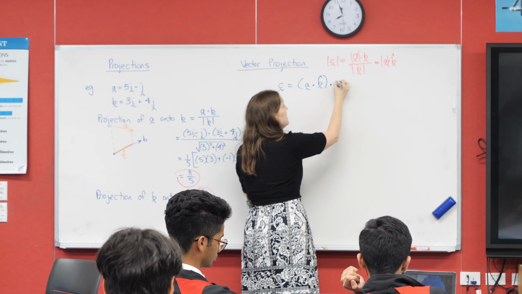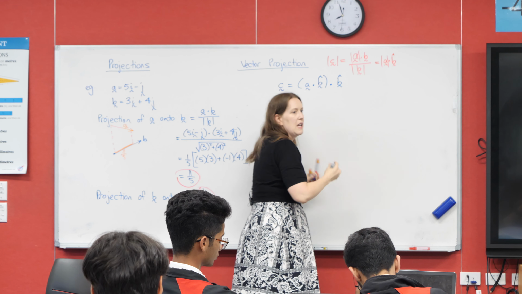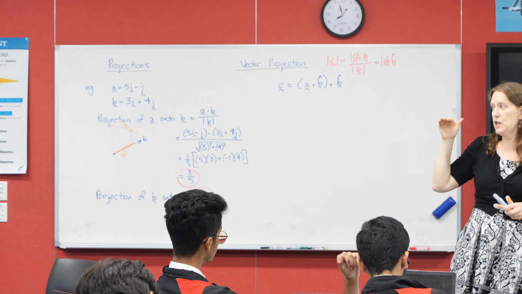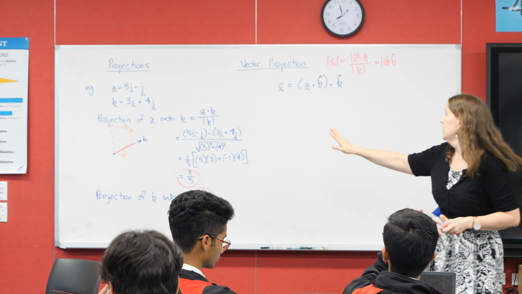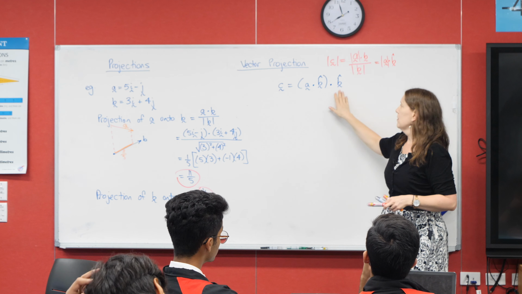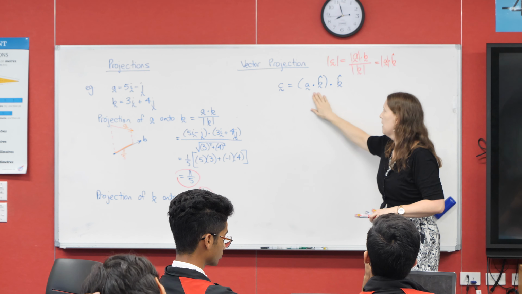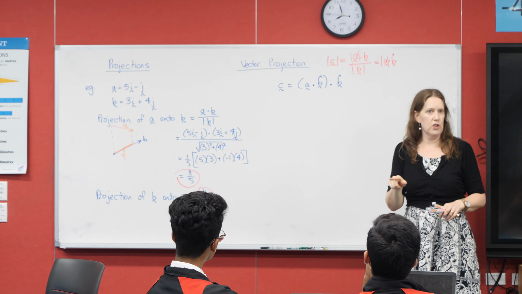So I have to then say, and I'm forcing you to be in the direction of B. And our unit vector does that really well because the unit vector has length one, nothing that will change the length that we get from here. So this is our magnitude in this direction.